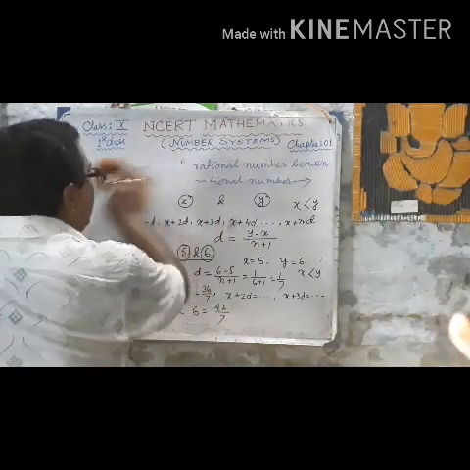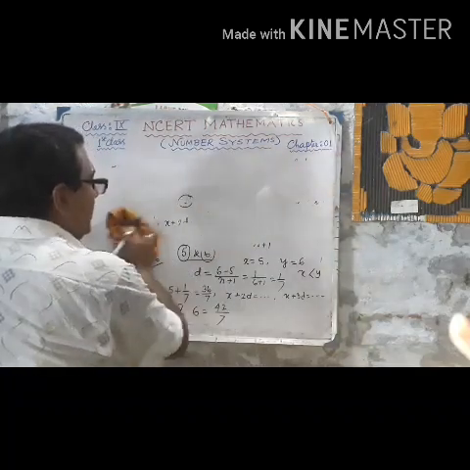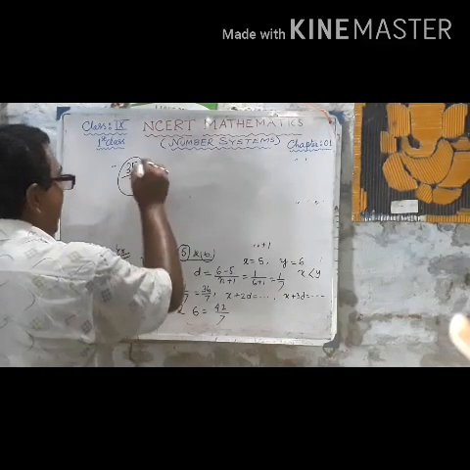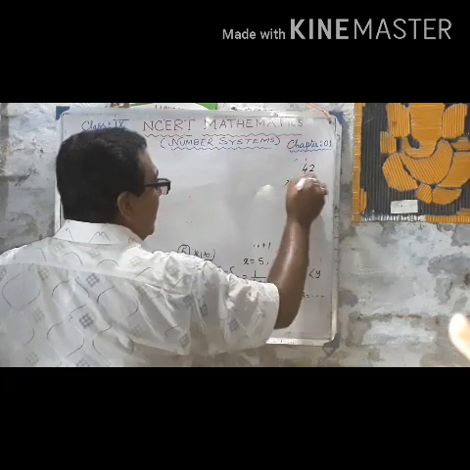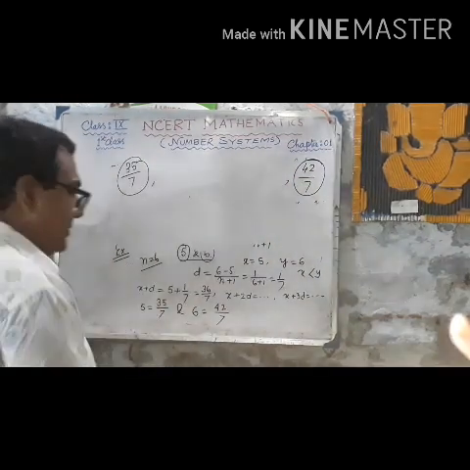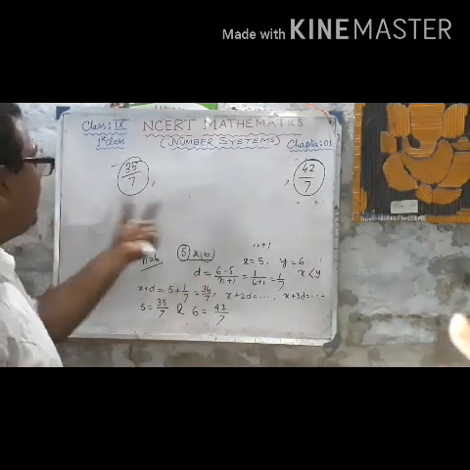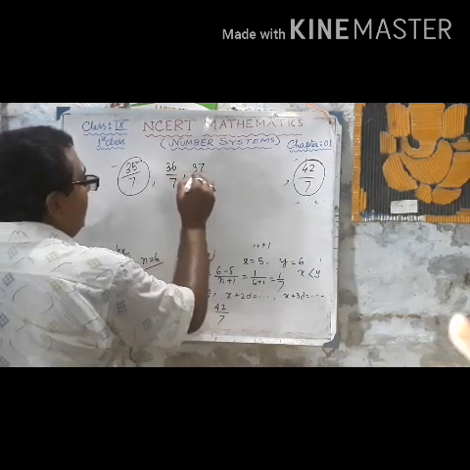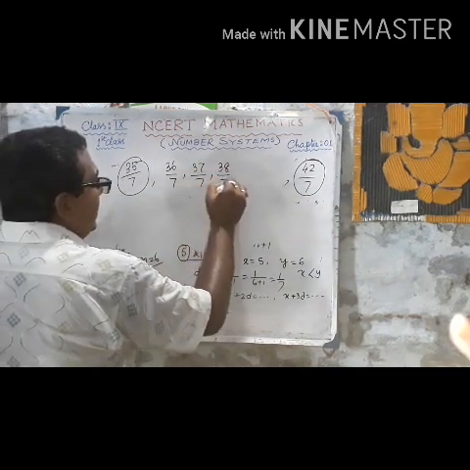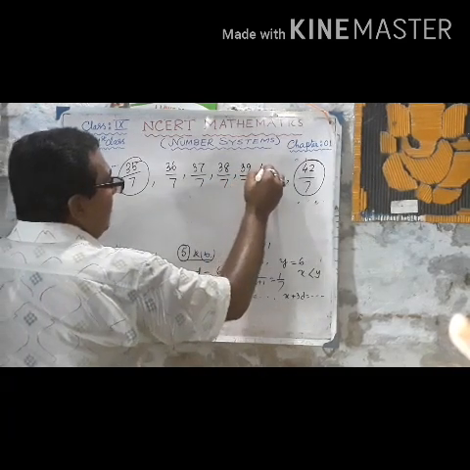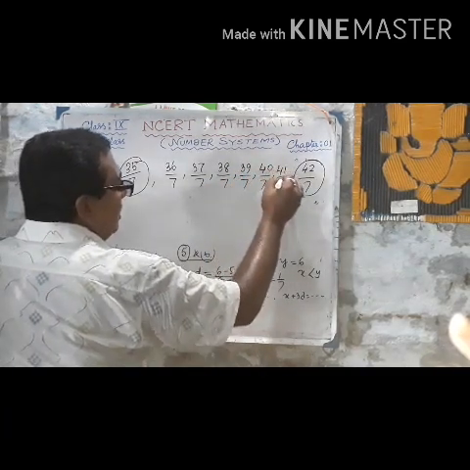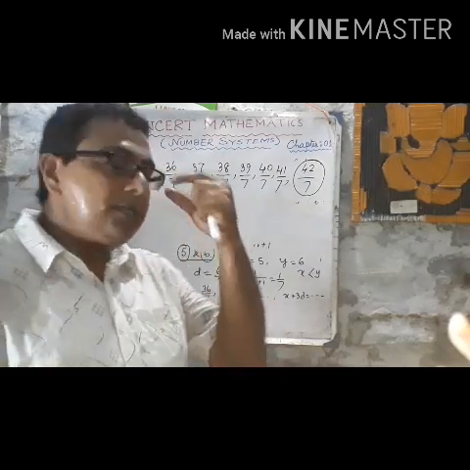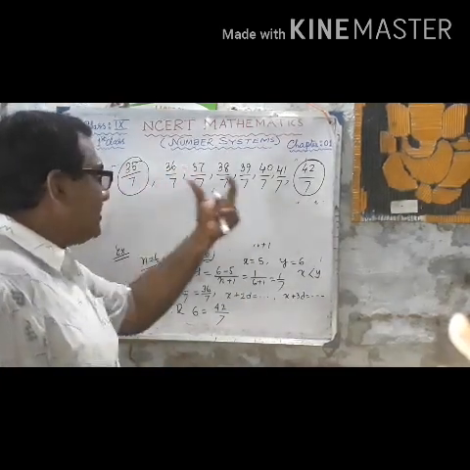The rational numbers between these two will be 36 by 7, 37 by 7, 38 by 7, 39 by 7, 40 by 7, 41 by 7. That is 1, 2, 3, 4, 5, 6. These are 6 rational numbers between 5 and 6.